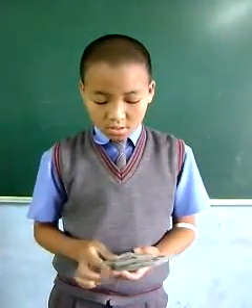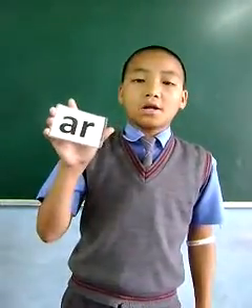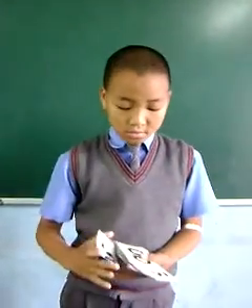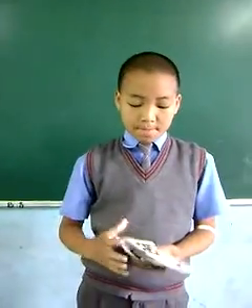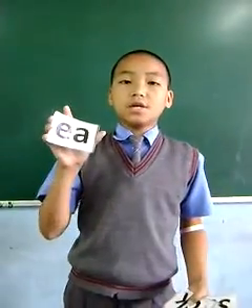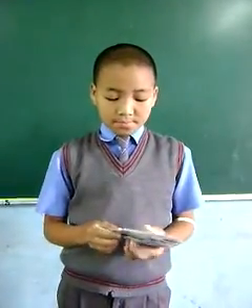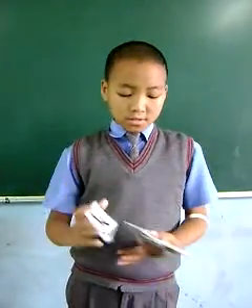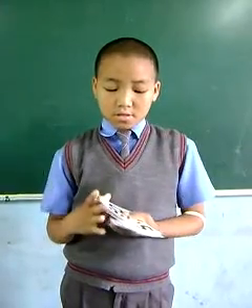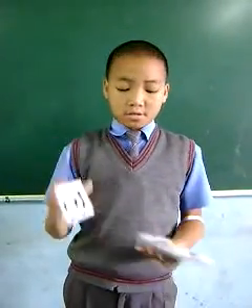Netherlands. R. This is R of car. O. E, A. Two letter K. Adult.